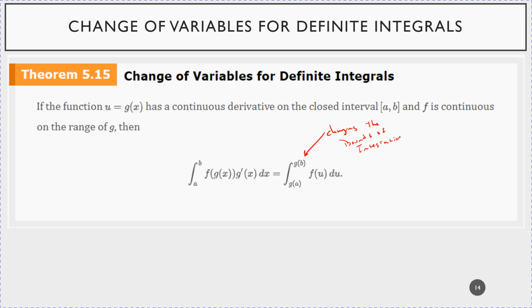And then you're just integrating f of u du here. When you figure this out, when this becomes capital F of u, and you integrate it using the fundamental theorem of calculus, you do not have to substitute back if you change the bounds of integration.